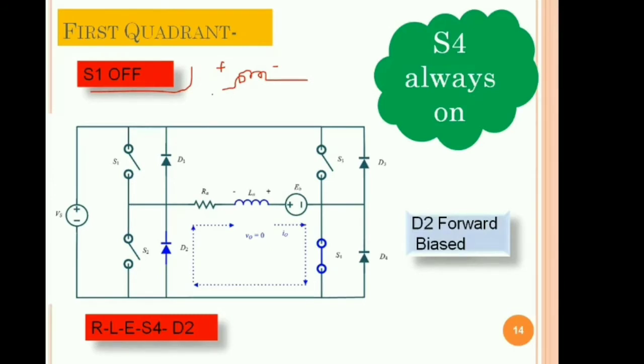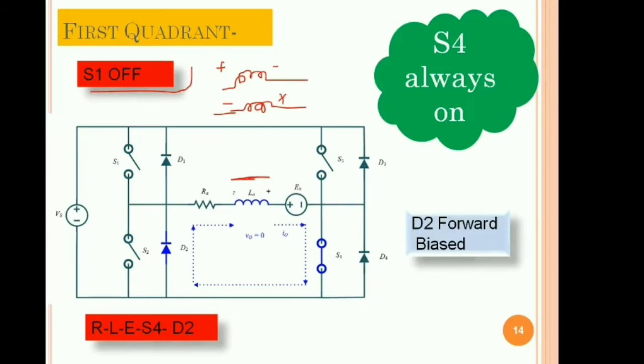Due to S1 going off, previously it was on, now it is off, the switching action changes the polarity of the inductor. The polarity is now left side minus and right side plus. The same polarity is mentioned in the diagram. See here, it is mentioned in the diagram.